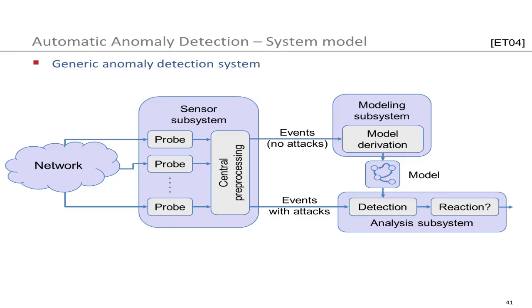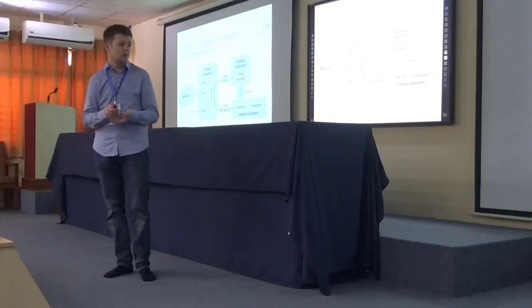Then here would be this learning phase, where you take all this data that is labeled as normal, learn some kind of model or derived model, and then you can use it in the analysis subsystem to take your new events that happen, compare them with the model, see what happens, and detect an abnormal event.